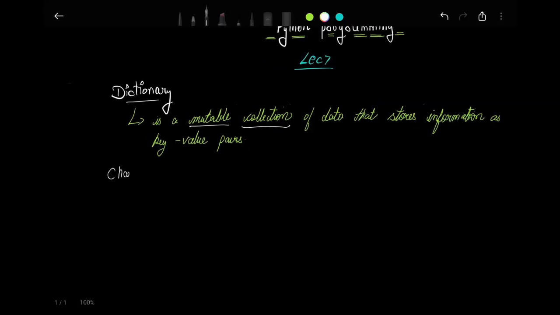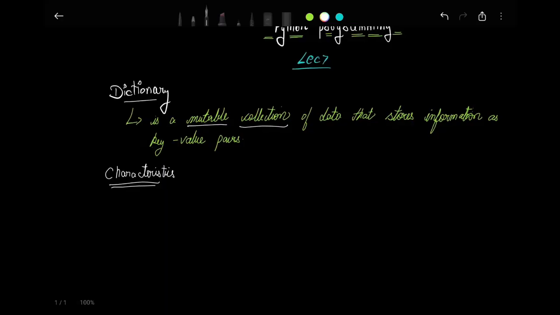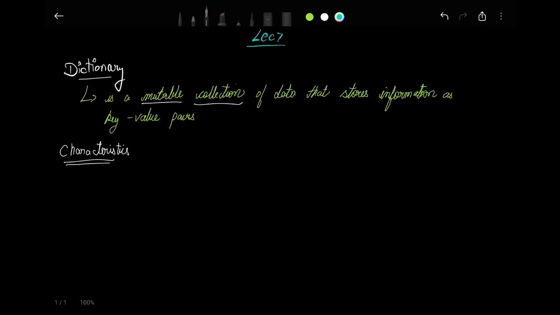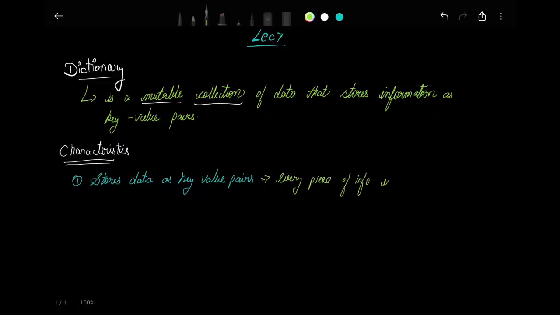Now we will quickly look at the characteristics of a dictionary. The very first characteristic of a dictionary is it stores data as key value pairs, which means every piece of information is associated with a key.